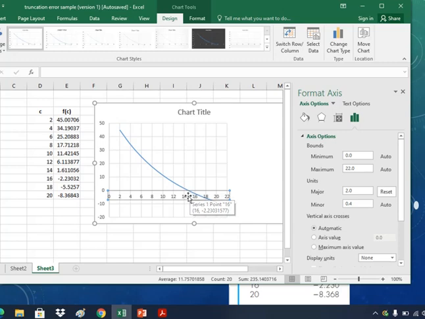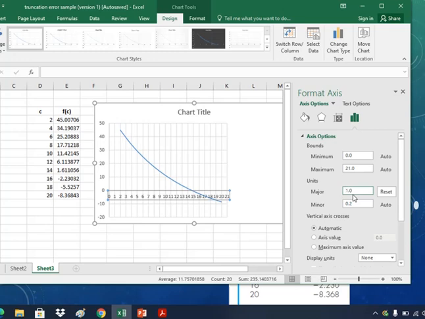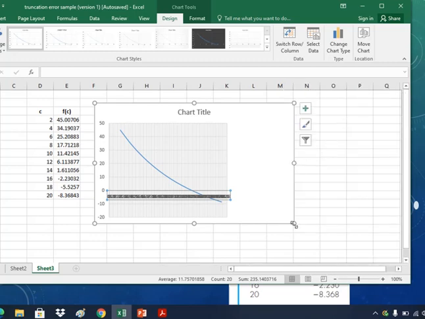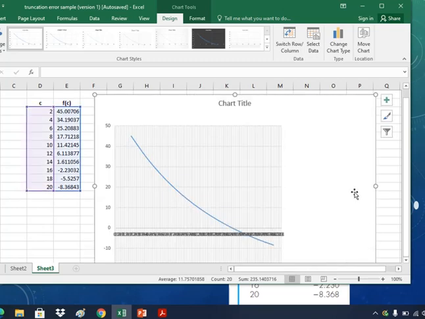So we can also increase the value of the x para mas makita nating maigi yung roots. Let's say every 1 or 0.2. So from there, makita natin yung value ng x.